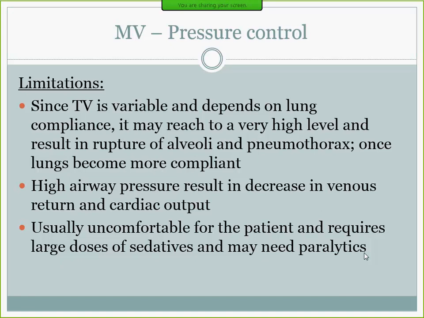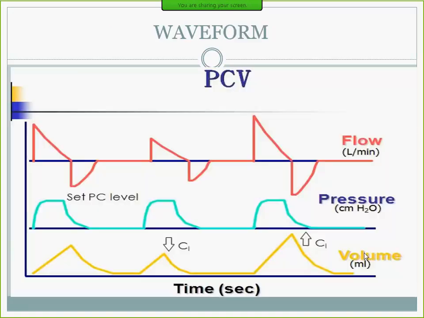It is also not very comfortable because the pressure you are going to use is always much higher than the patient's baseline pressure. So this is what it looks like. In control mode, you have set a certain pressure level, and your tidal volume may change depending on the compliance. Over here again, the patient is not doing anything. If the patient is doing something, you will see a negative deflection here.